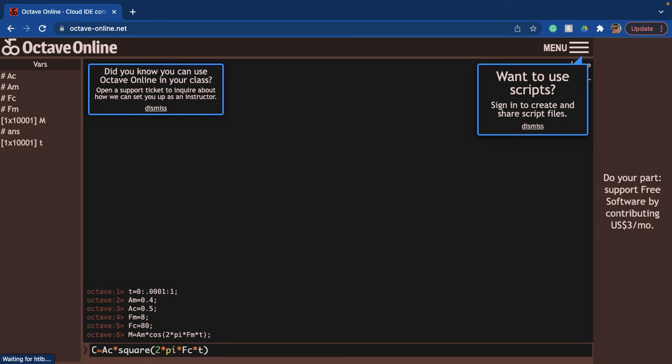So if I want all my pulses, the square wave, to be on the positive side, then I need to add AC to it.